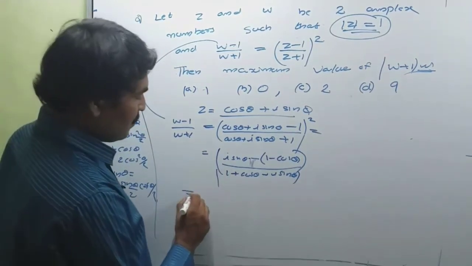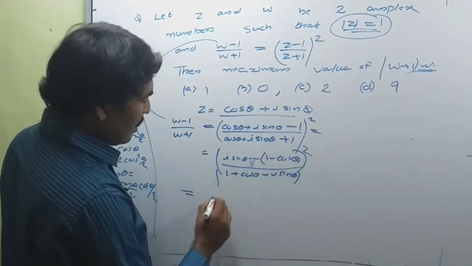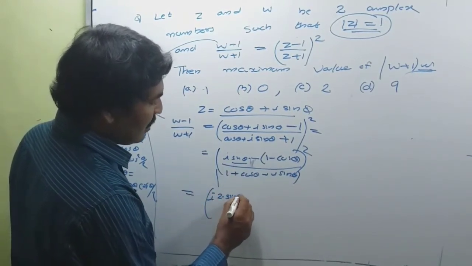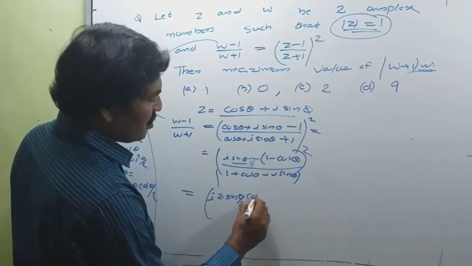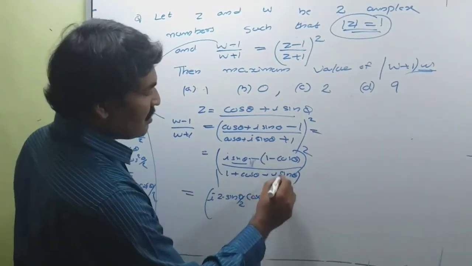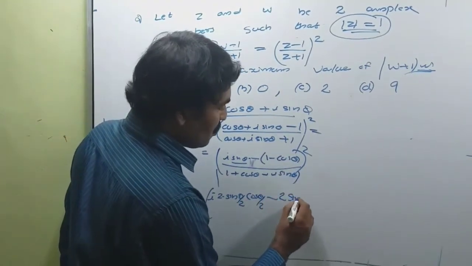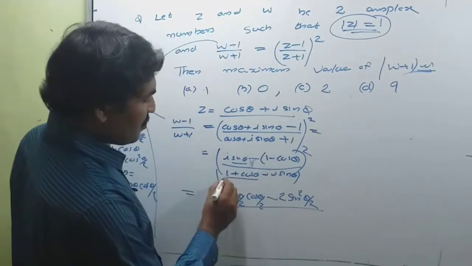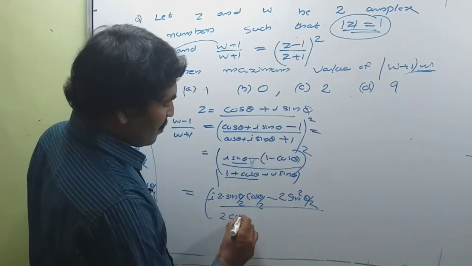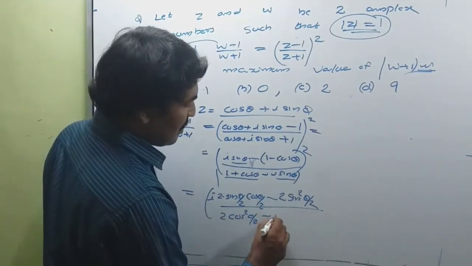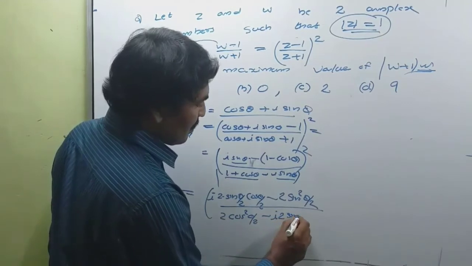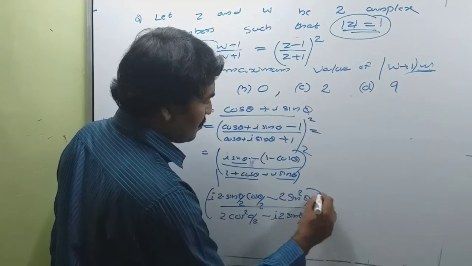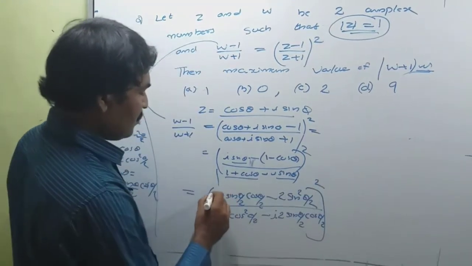So this is equal to i, this whole square. i into sin theta can be written as 2 sin theta by 2 into cos theta by 2 minus 2 sin square theta by 2, divided by 1 plus cos theta, which is 2 cos square theta by 2, so we write i into 2 sin theta by 2 into cos theta by 2, the whole square.